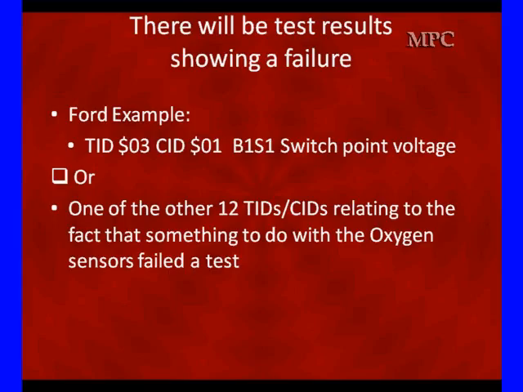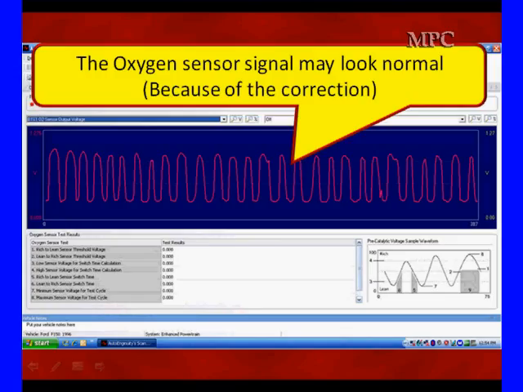Mode 6 will give us an idea of things we should check about the oxygen sensor as part of our diagnostics. And you're frequently going to find oxygen sensors that are failing something in mode 6 in addition to dirty injectors, low fuel pressure, low fuel volume, multiple problems.